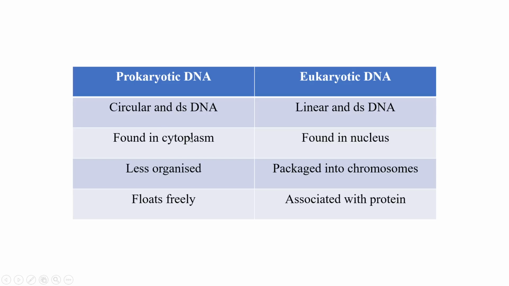In prokaryotic cells, we don't have any compartments. The cell is just one large room, and eukaryotic cells are divided into multiple compartments. They have multiple organelles, so different membrane-bound organelles are present. If I just have to draw a rough diagram for a prokaryotic cell, it will have just one room.